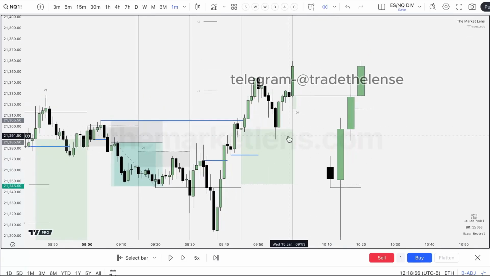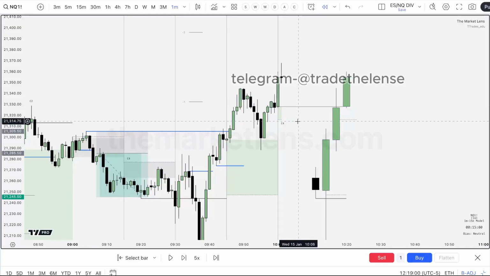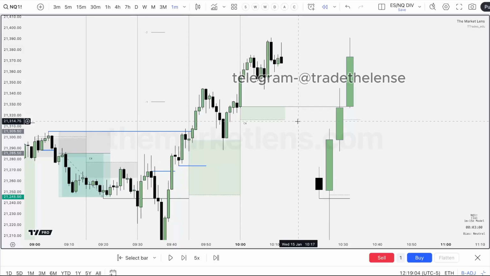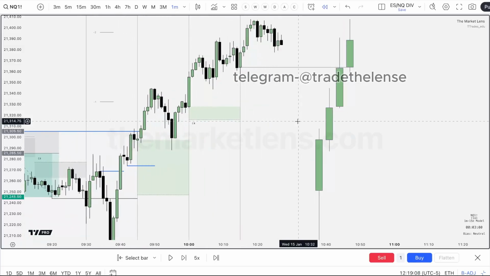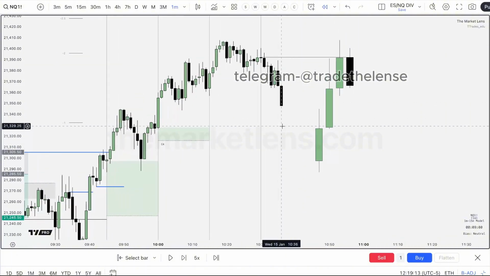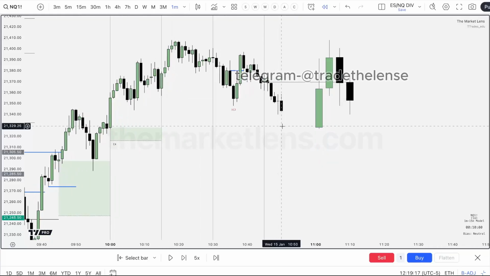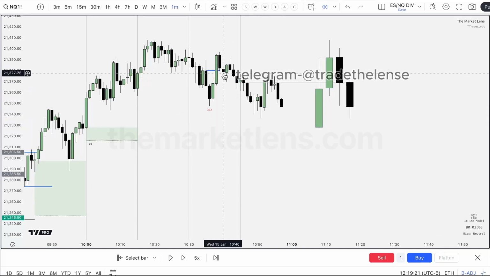I don't know if there's SMT there, but yeah, and then it's just slowly grinding up. And you'd have to wait for a new candle closure and CISD. No candle closure, just have to wait. No candle closure, bullish or bearish. I wouldn't try to be longing that above highs.